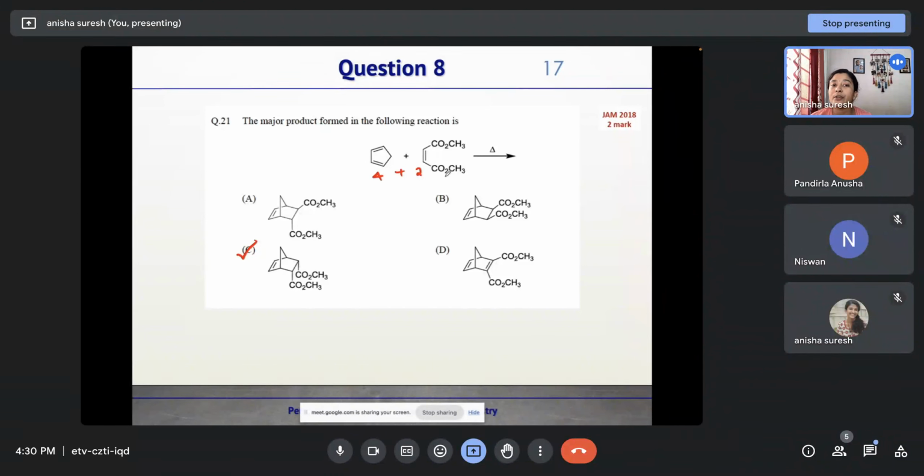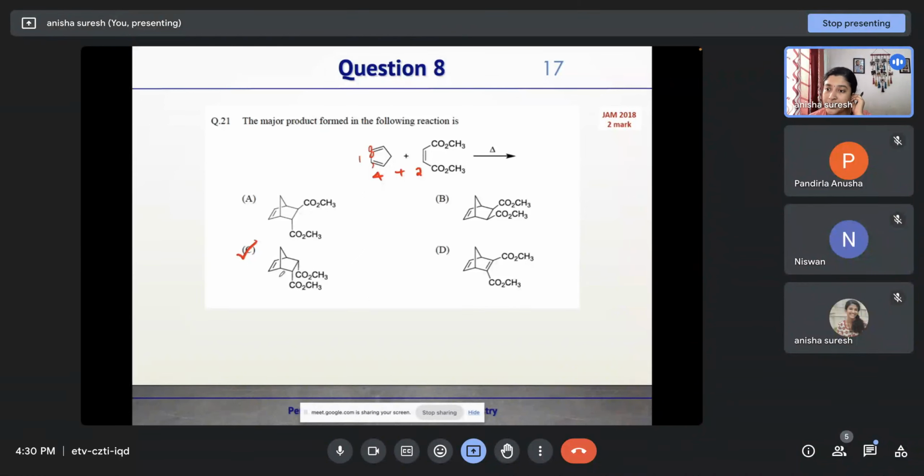Because of that, the CO2CH3 will be coming below the plane so that it will be able to interact with these lobes. The lobes that will be coming on this side of the diene will be able to interact with the lobes of the CO2Me. Because of that, this will be the correct stereochemistry of the product.